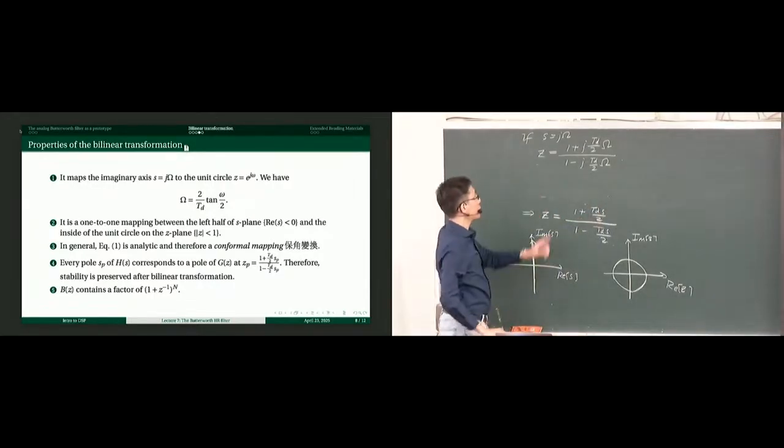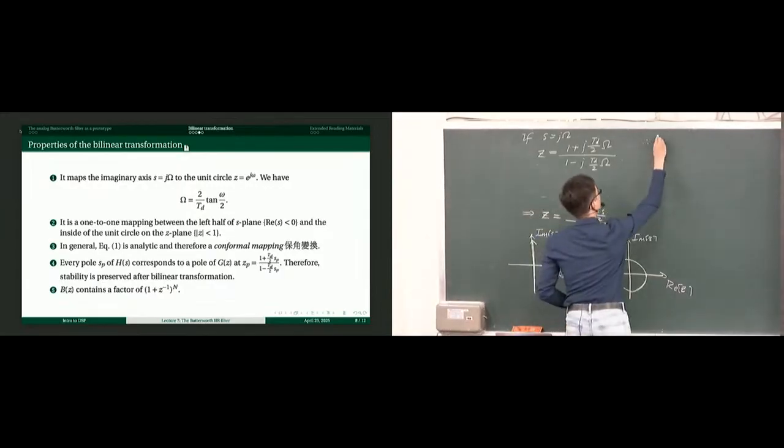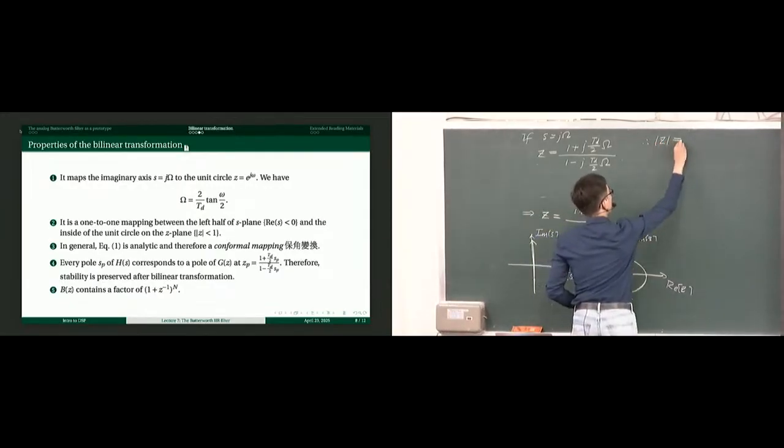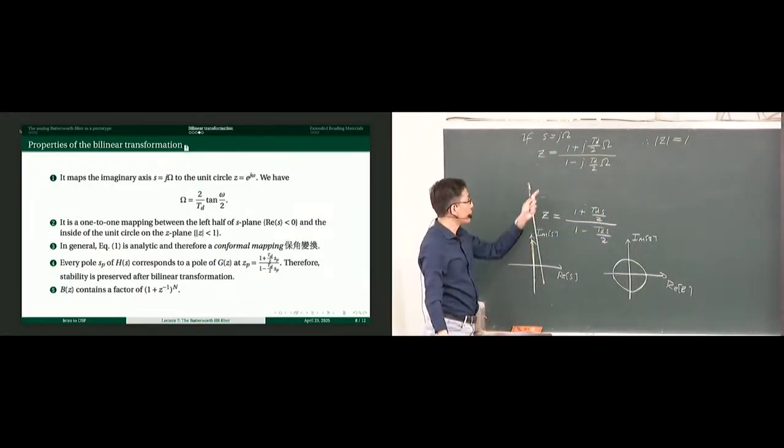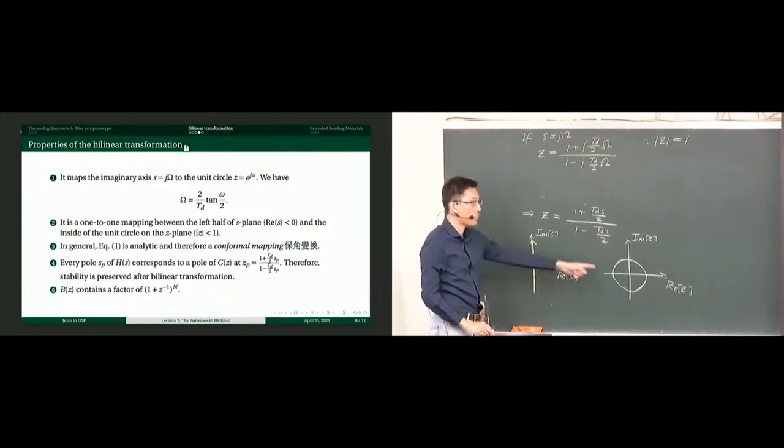And it's rather easy to show that Z, first of all, has a length of 1. So by this very simple argument, we have already shown that the imaginary axis is mapped to the unit circle.